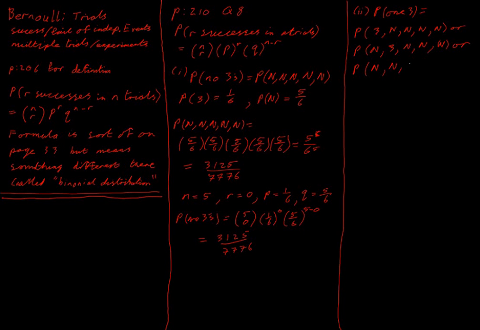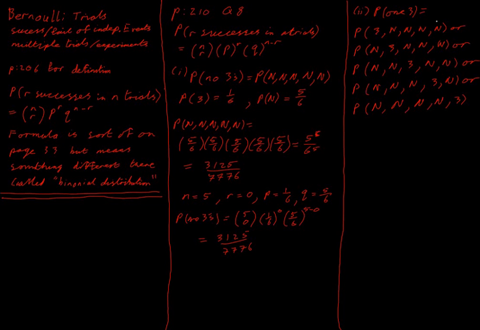I'm listing out all of the different ways that I could get 1 3, and all of these meet my criteria, so I would have to work them all out individually and add them up. So this or this or this or this or not a 3, not a 3, not a 3, not a 3, and then get a 3 on my 5th roll of the die. I'd have to add up all of these different outcomes.